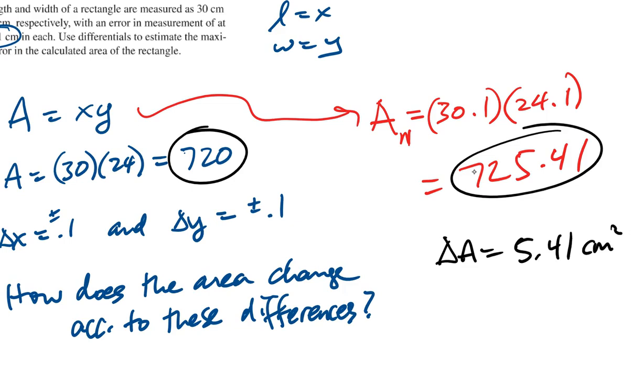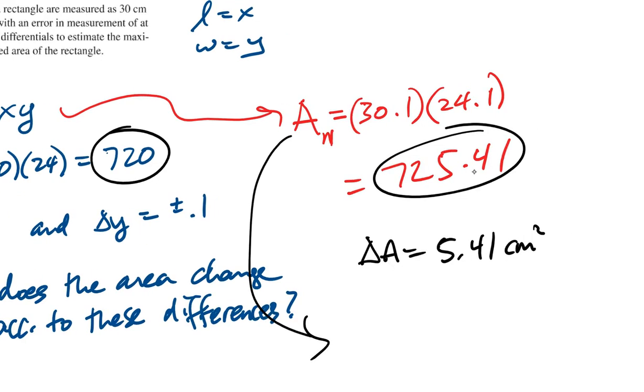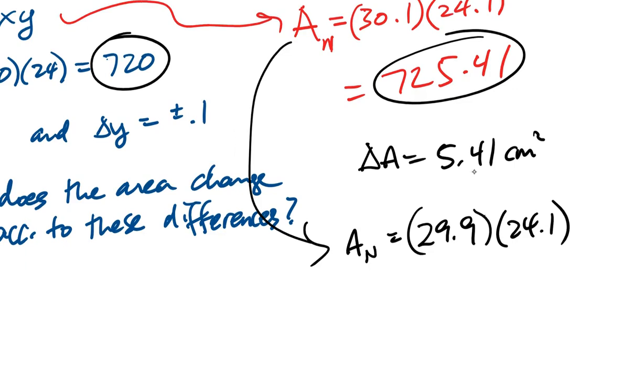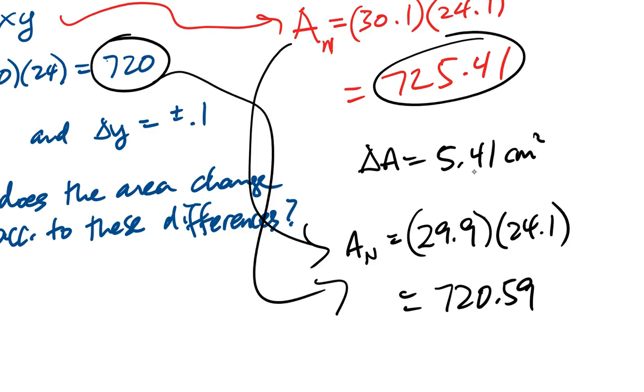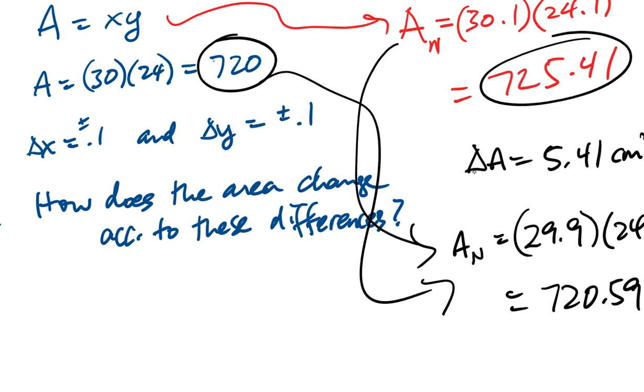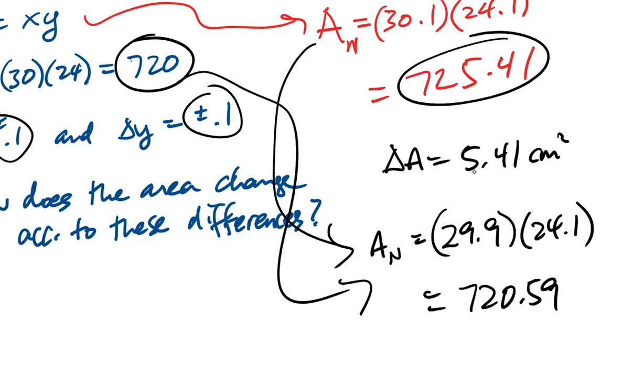All right. Now, what we could have done instead was use negative 0.1. So the new area could have been 29.9 times 24.1, in which case we would have gotten, let me do this on my calculator right quick, 720.59. But you notice that's not much different than the other. I'm just changing x and y by 0.1 either way, plus or minus for either one.